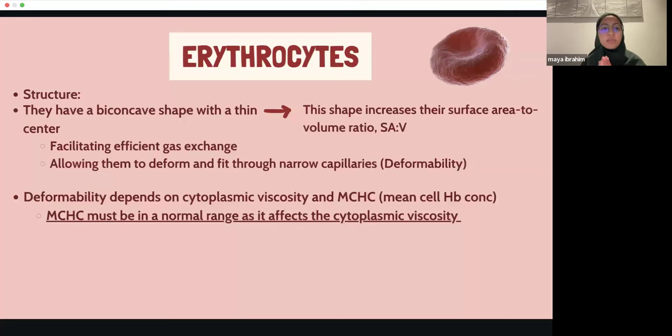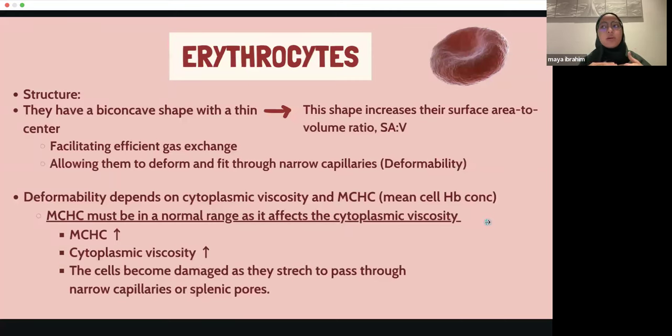This is why we need to keep the MCHC in very narrow ranges. Because if we increase the cytoplasmic viscosity, the red blood cell is going to lose its deformability feature, which it needs to carry out its function very efficiently. So we increase MCHC, we increase cytoplasmic viscosity, and the red blood cells become damaged as they squeeze through narrow capillaries or the splenic pores.